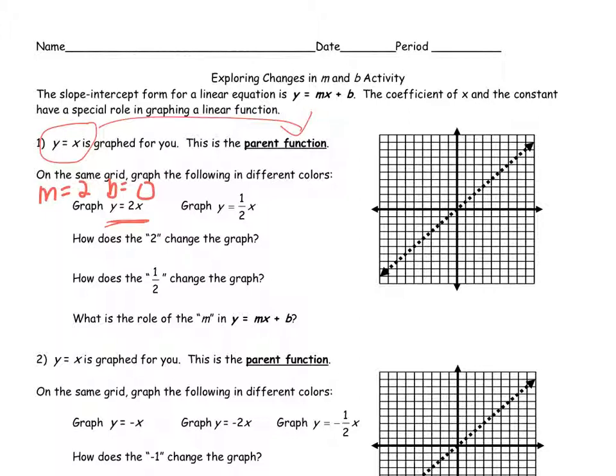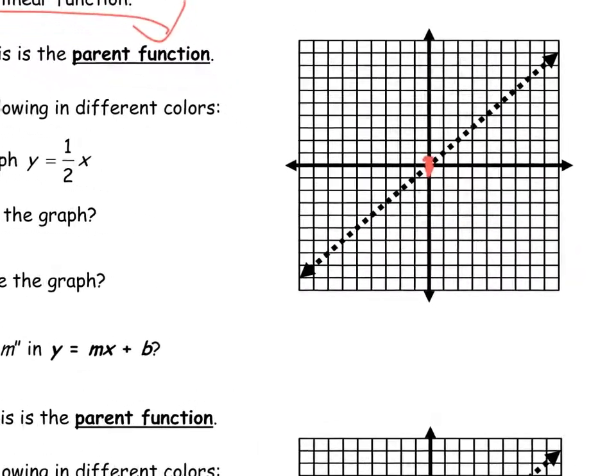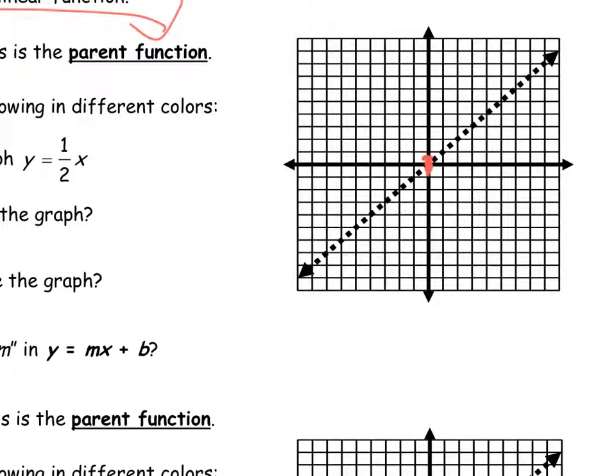So I'm going to start at 0 and put my dot. Let's make this a little bigger so we can see it. Okay, so I've got my dot at the y-intercept, and then my slope was 2.